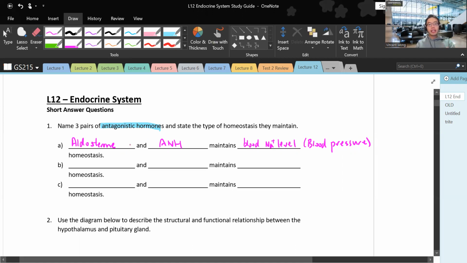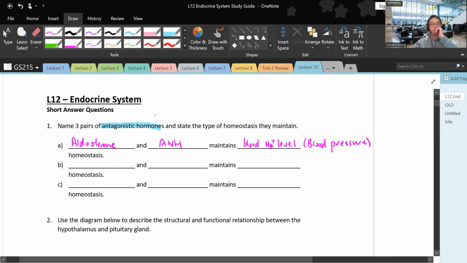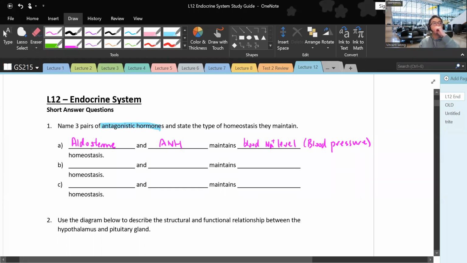Now, we also learned a second pair 2 weeks ago when we learned the bone system. Does anybody know which pair I'm talking about to help regulate calcium level in the blood? Thyroid? The thyroid gland secretes one of them, that's correct. And that's a good start.